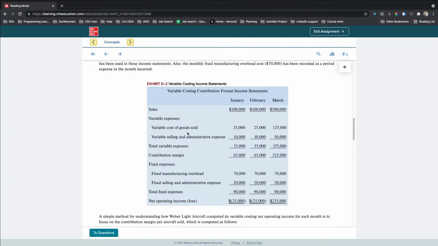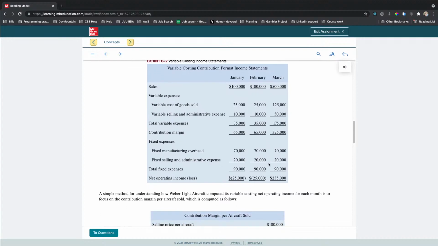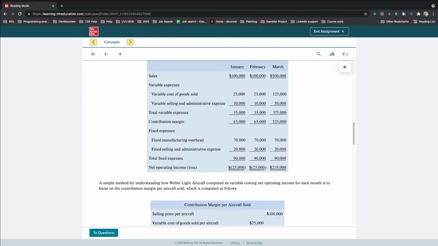Cost of goods sold, variable selling and administrative, total variable expenses, contribution margin, that's that same number I had, 65. 325. Oh, I was off. I was off by a bit.